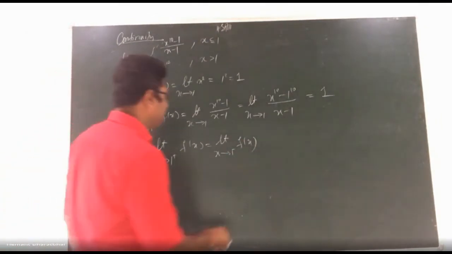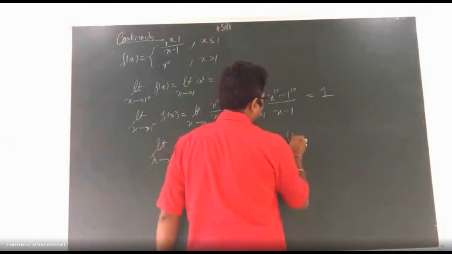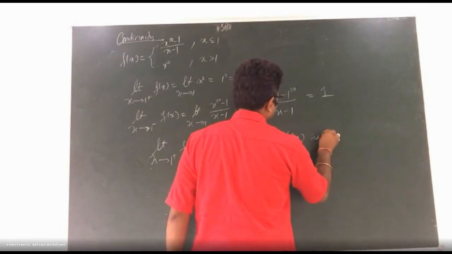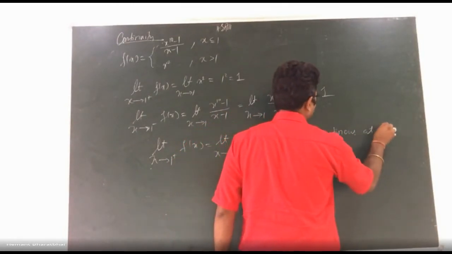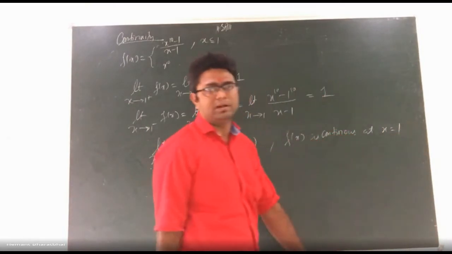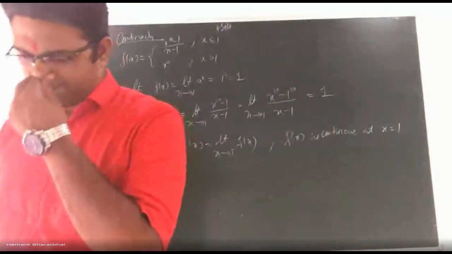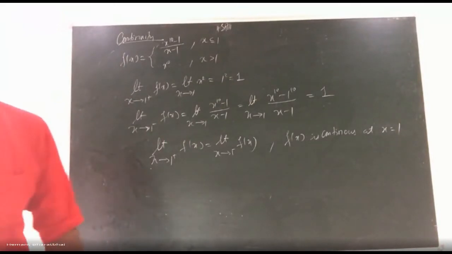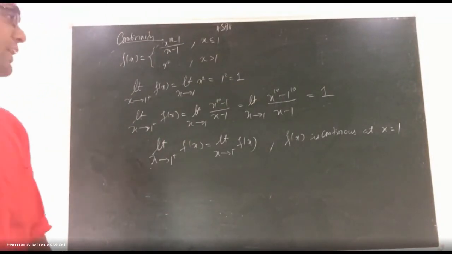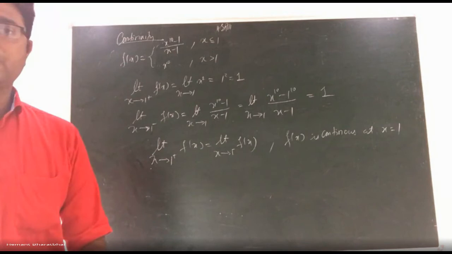Therefore, by the first definition, my given function f of x is continuous at x equals 1. Okay, take the screenshot. So now you know how to apply the definitions of continuity and find out if the function is continuous or not.